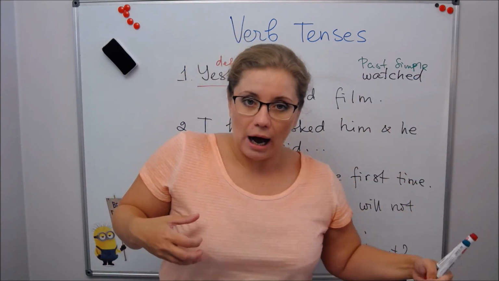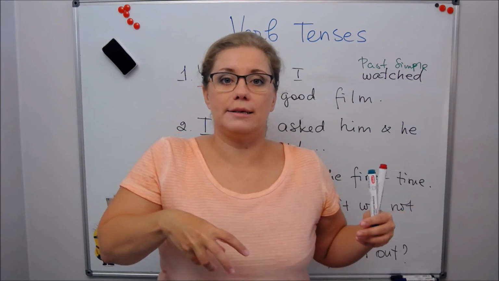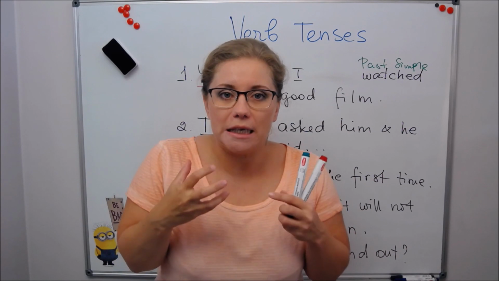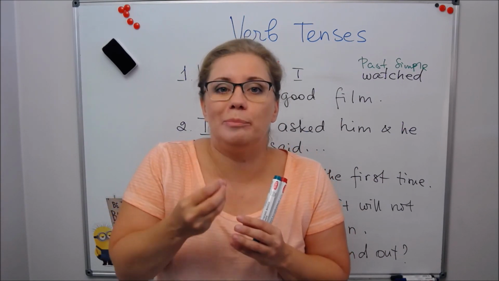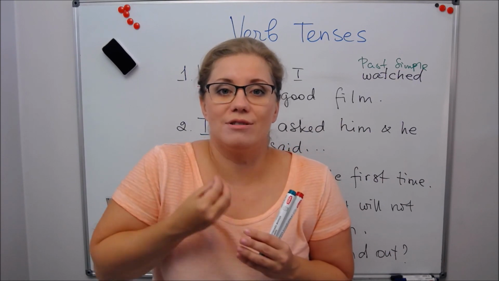So the past, some completed action, with the present. "I have asked him." "Have you asked him?" for example, I am more interested in the completeness of this action. I am more interested in the result.